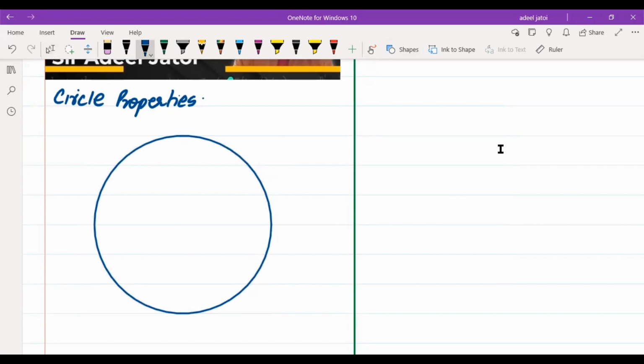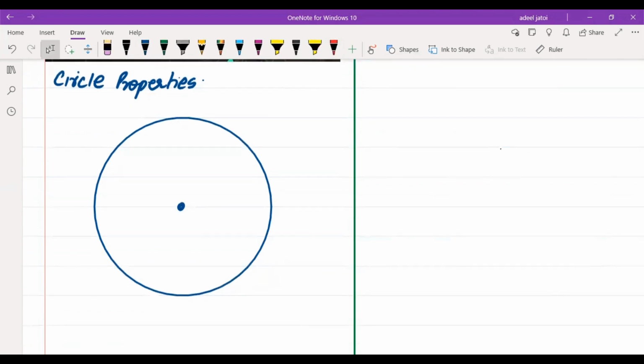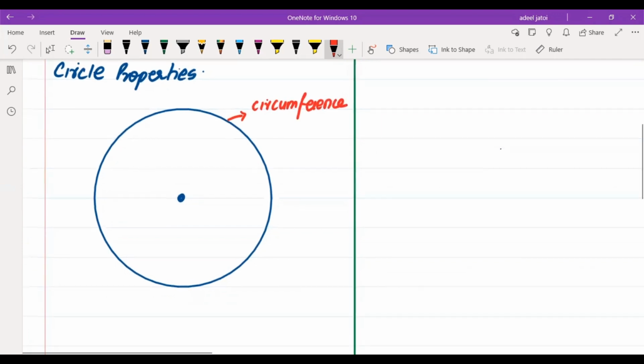Now, knowing the fact that there will be a center of the circle as well, the line, the circumference, that means the perimeter, will be the circumference. That means the border of the circle is known as circumference.